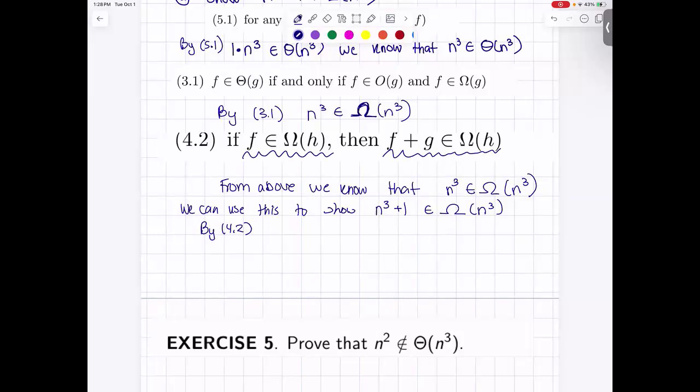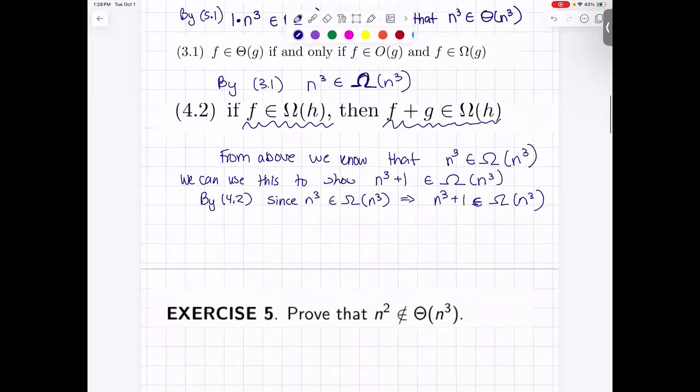So since n cubed is in big omega of n cubed, this implies n cubed plus 1 will be in big omega of n cubed. So we've now been able to show that n cubed plus 1 is in big omega of n cubed.